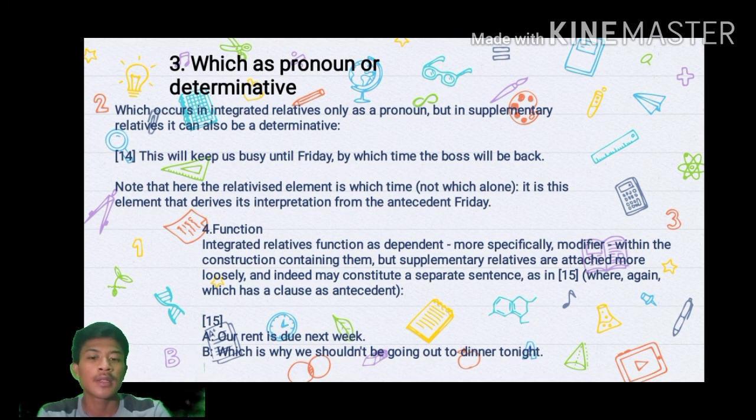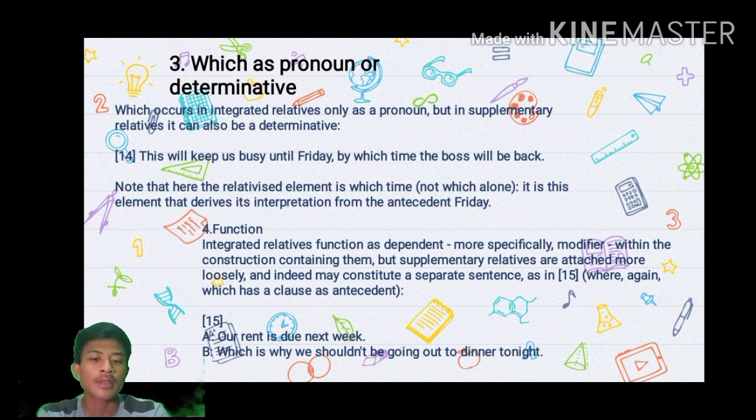And the last is function. Integrated relatives function as dependents, more specifically modifiers, within the construction containing them, but supplementary relatives are attached more loosely and may constitute a separate clause, as in this example, where again which has a clause as its antecedent.